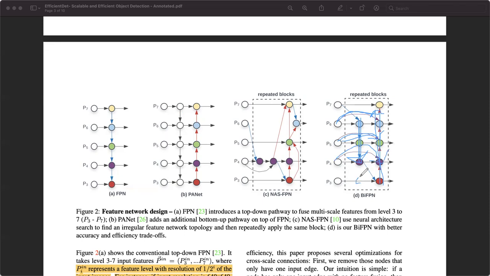And they remove the nodes here and here. The reason they mention is that if there's only one single node here, then it contributes less to fusing features, so we do not necessarily need them. Then we just remove them. That's the intuition in the paper. I'm still trying to understand.